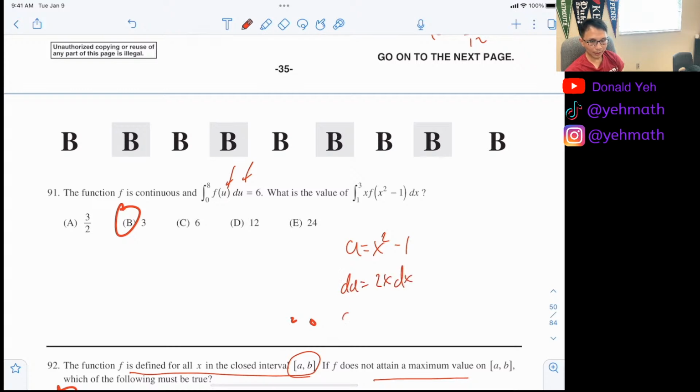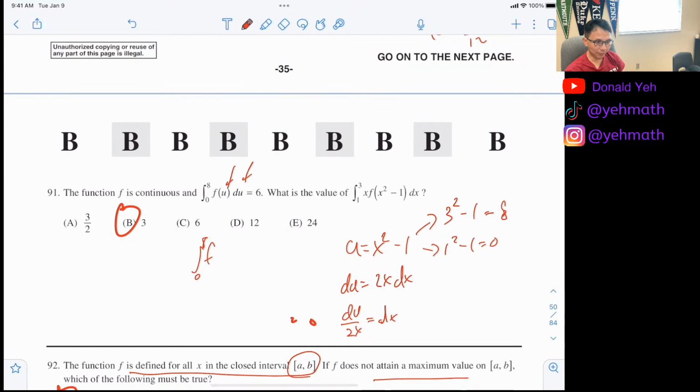du equals 2x dx, du over 2x equal to dx, right? So integration, I'm gonna change the boundary. This is 3, so what is 3 squared minus 1? 8. 1 squared minus 1 is 0. So it's 8 and 0. Sorry.